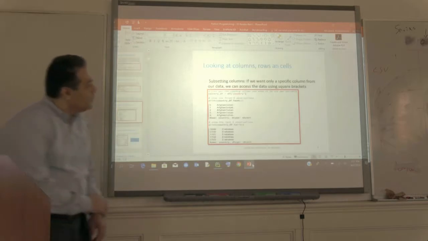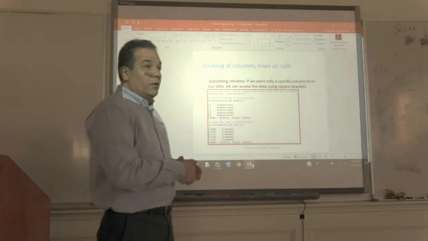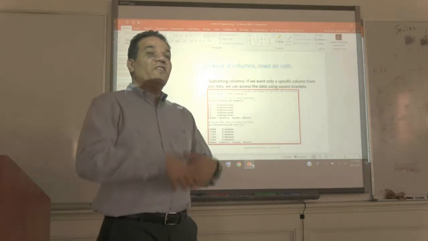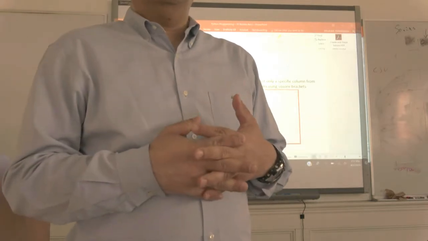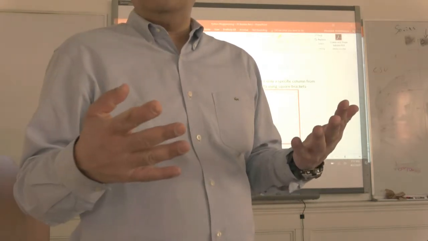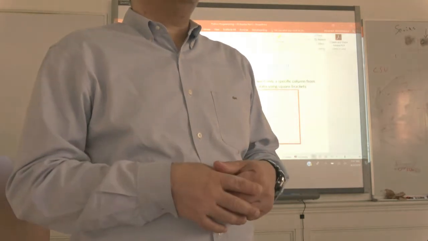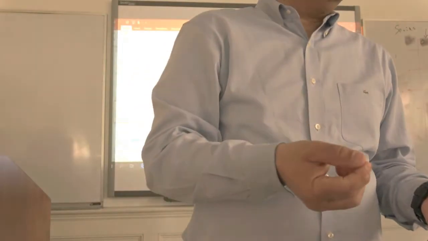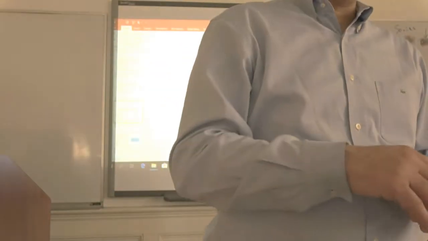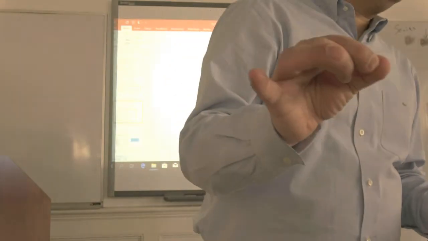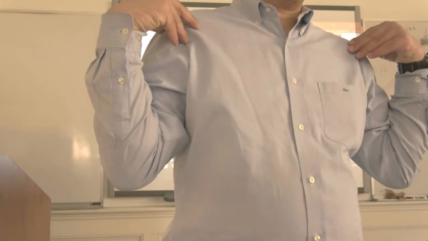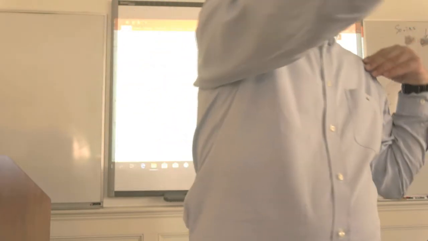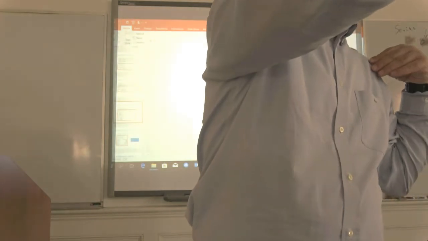Now, what do you expect to be the first thing you need to do when you have such a huge data set? Subsetting. Usually you'll be working in one of the columns, or in a set of the rows. For example, you would like to work on the African countries, not on all the countries. Did we do subsetting before? Yeah, we did, and you have a question in the exam.